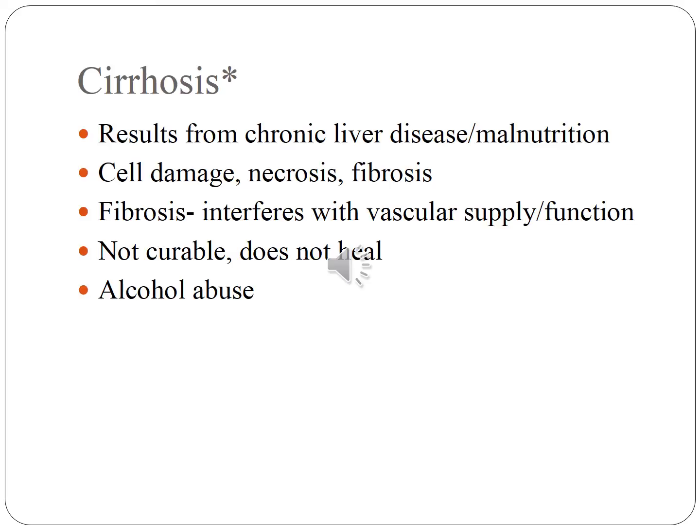You get cell damage, tissue death, fibrosis, so basically you get scarring, replacing the functional tissue and the functional cells of the liver. That's going to interfere with the vascular supply, which will cause further tissue death and obviously impact how well the liver is able to work.